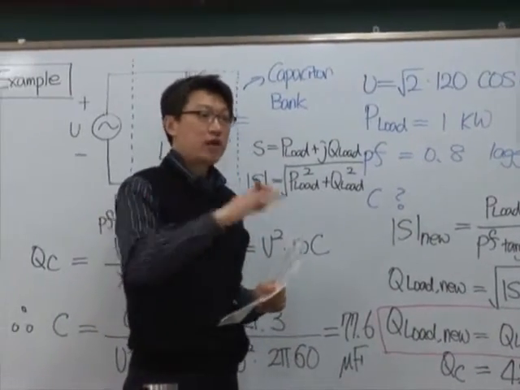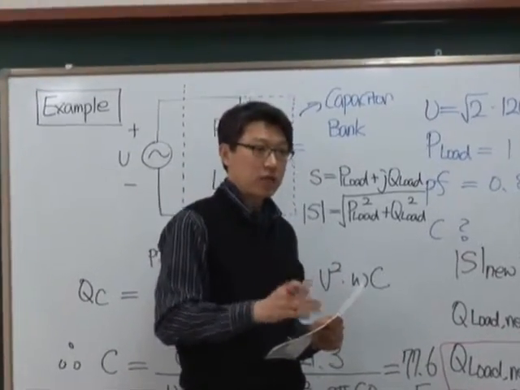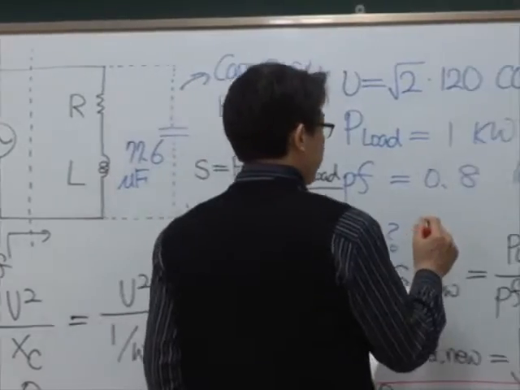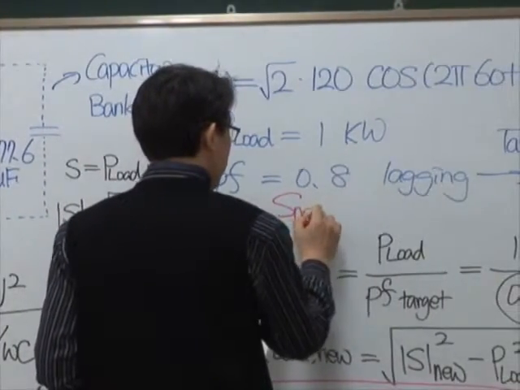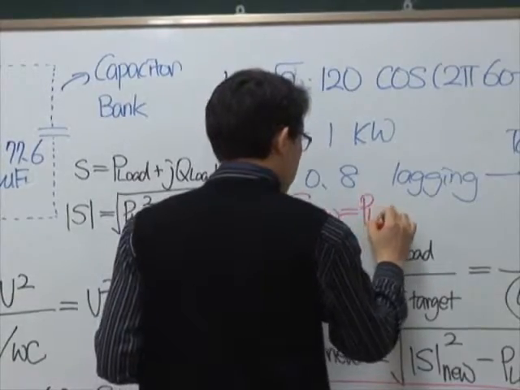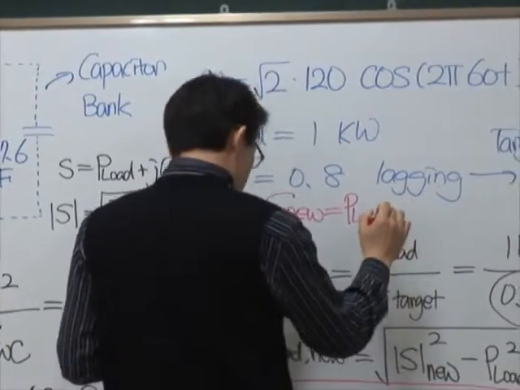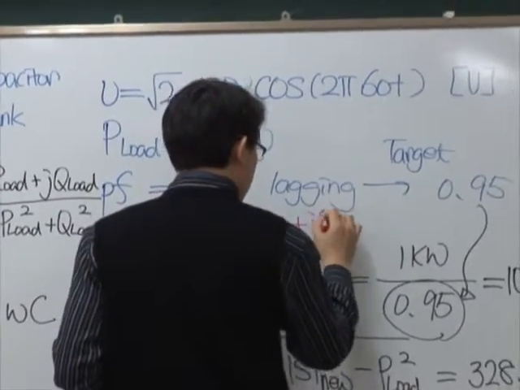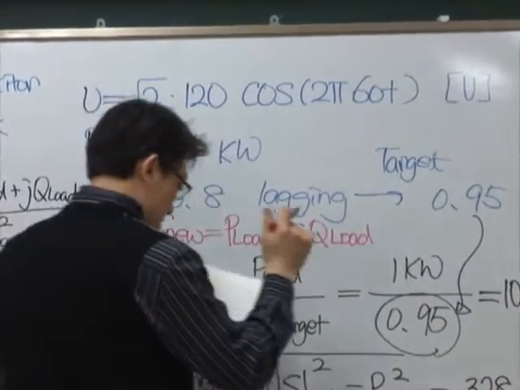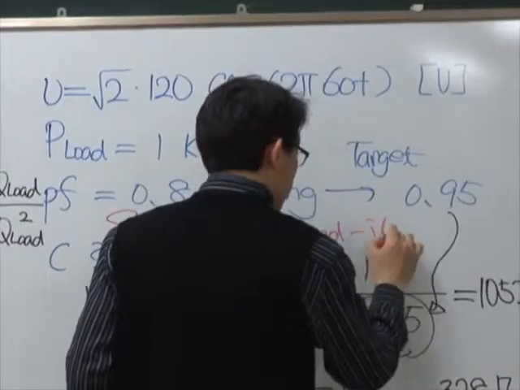This is like you are adding power, reactive power or active power. So, S new is equal to P load plus jQ load. Okay. And then minus jQC.